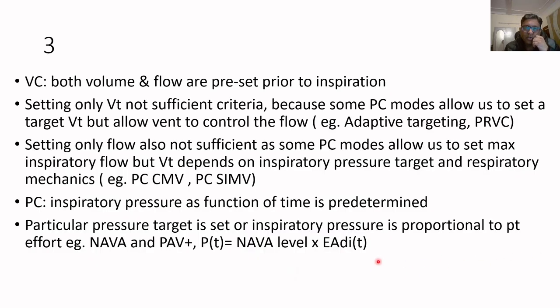The pressure rises in real time proportional to the neural drive. In PAV plus, the pressure is proportional to flow and volume, which is described by gain. The pressure waveform itself is continuously modulated by effort in these modes. This targeting scheme is a type of servo targeting. NAVA is a classical example of servo targeting.